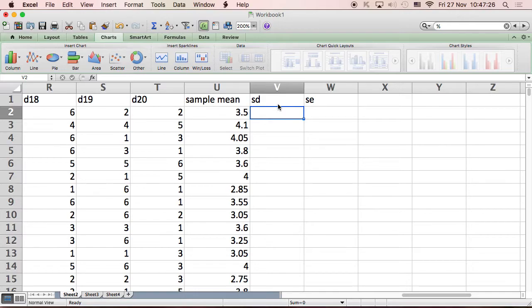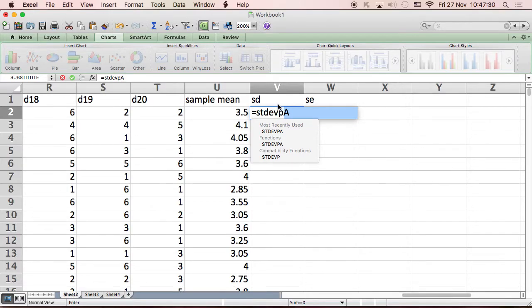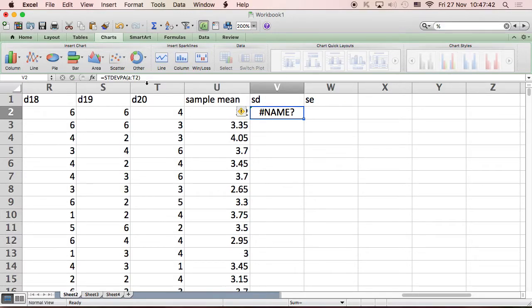The standard deviation is equal to the STDEV of A2 up to T2.